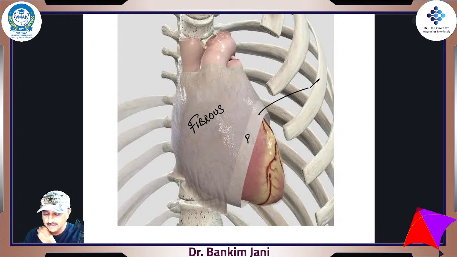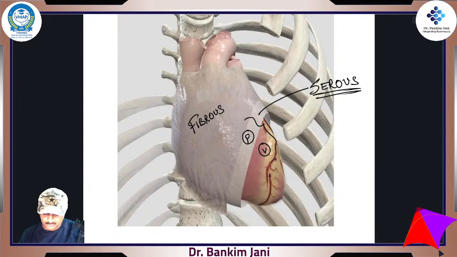This is serous pericardium, and P stands for parietal. And where is visceral? Visceral is snugly attached to the heart itself. So the combination of both, parietal and visceral, is the serous pericardium. Visceral is snugly attached to the organ itself.